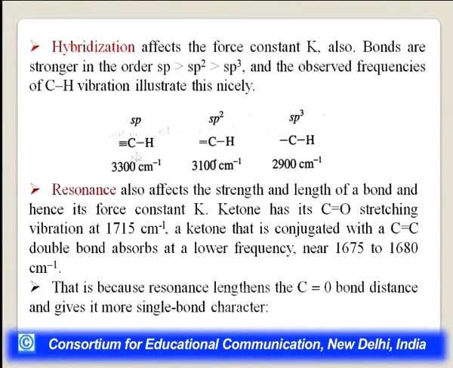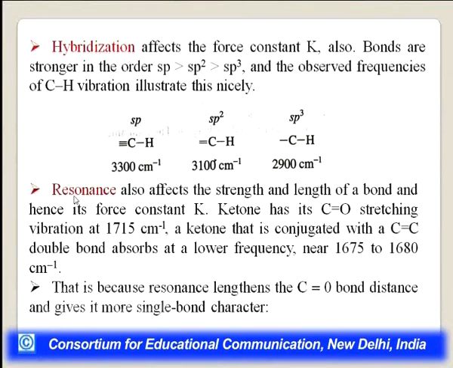You can see this is 3300 for triple bond, or we can say sp hybridization. For double bond or for sp2 hybridization, the value will be 3100. For sp3 hybridization, or we can say if single bonds are there, then the value will be 2900 centimeter inverse.